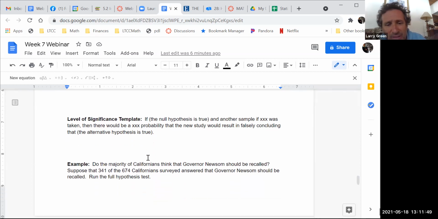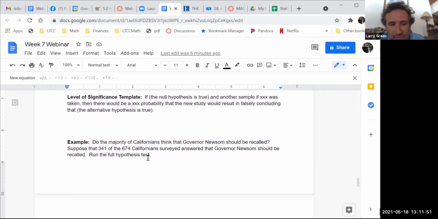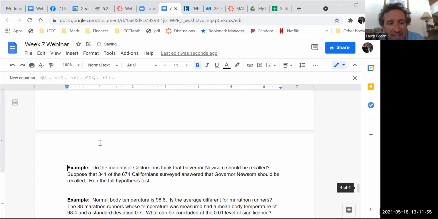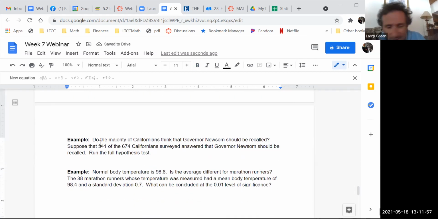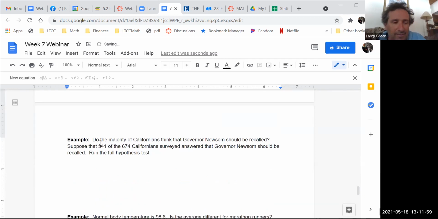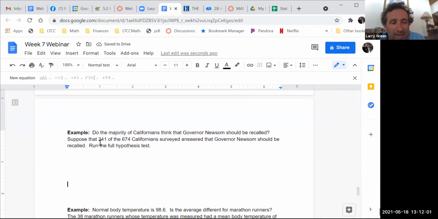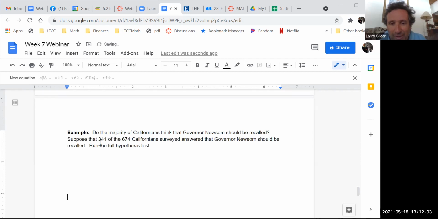Okay, let me do an example with proportions. I'm going to tell you, though, I made this up, so don't quote me on these numbers or anything, but I'm sure a survey could be done. Probably one was done. I couldn't find it. But do the majority of Californians think that Governor Newsom should be recalled?